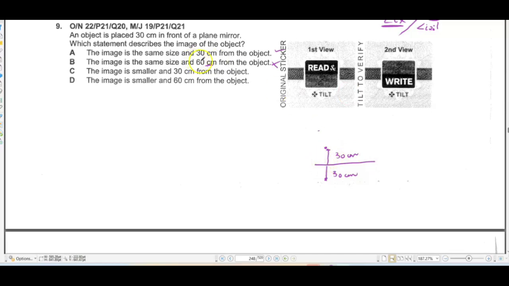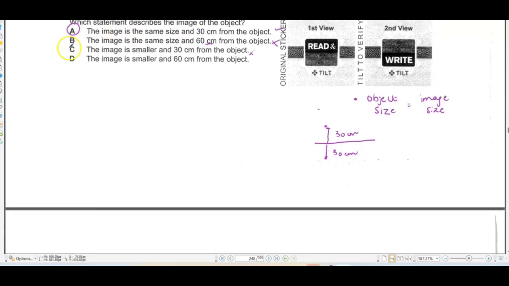So 60 centimeters is not correct. Image is smaller? No, smaller bhi nahi hoga. We've just done this point in the beginning of this chapter, that the object size is equal to the image size. So it is not going to be any smaller. So A is our correct option.